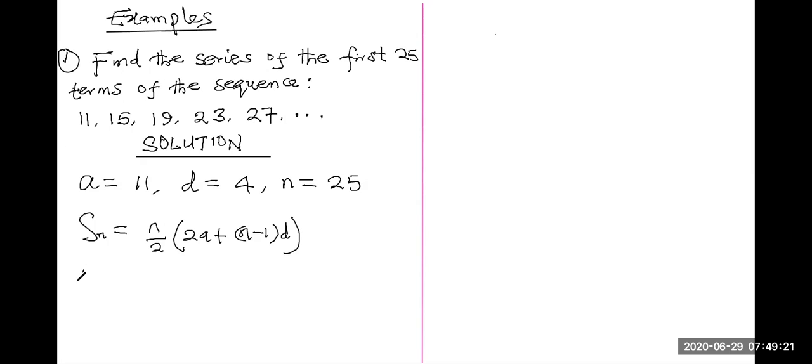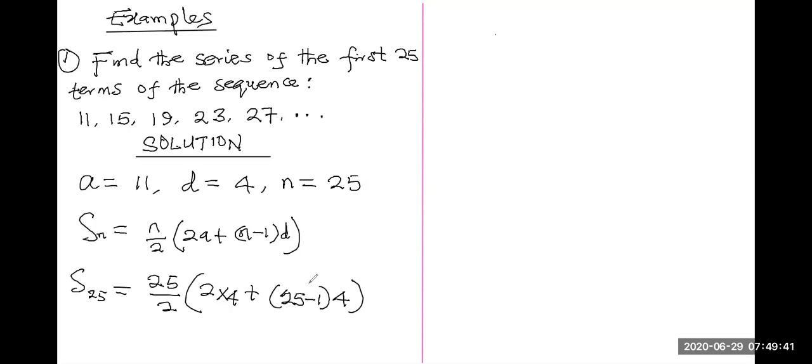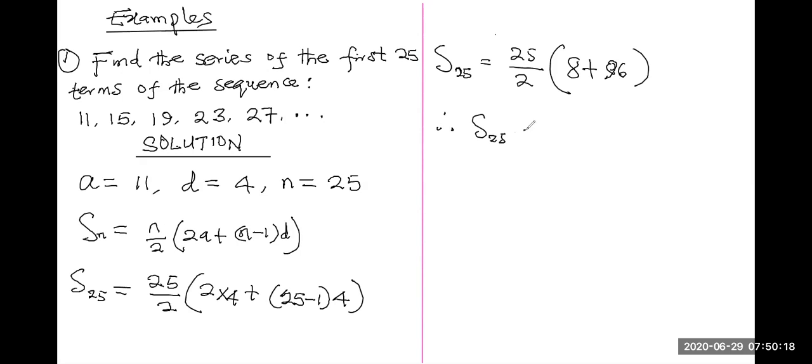Writing the formula down, S25 equals 25 divided by 2 into (2 times 4 + (25 − 1) multiplied by the common difference of 4). 25 minus 1 is 24, and 24 times 4 is 96. Finishing this up, the sum of the first 25 terms, S25, equals 1475.